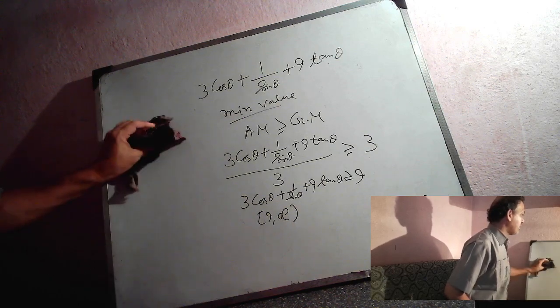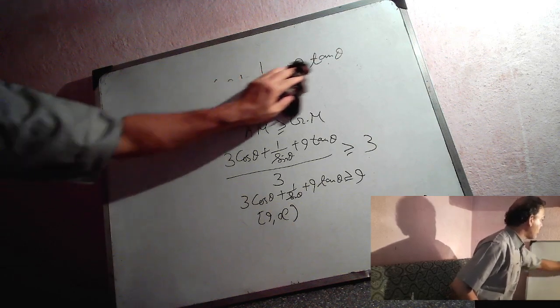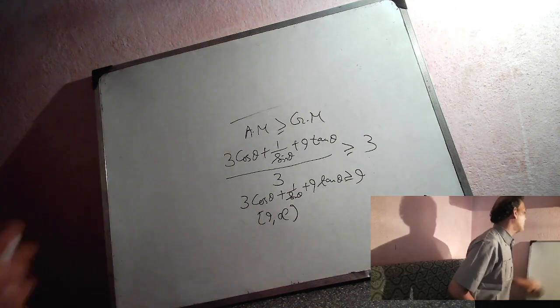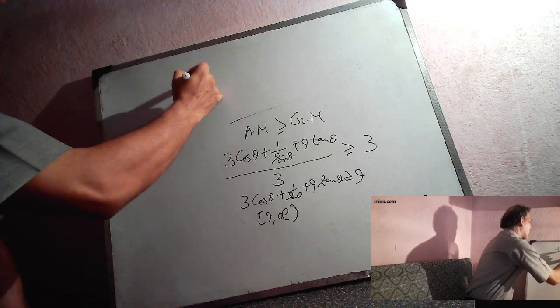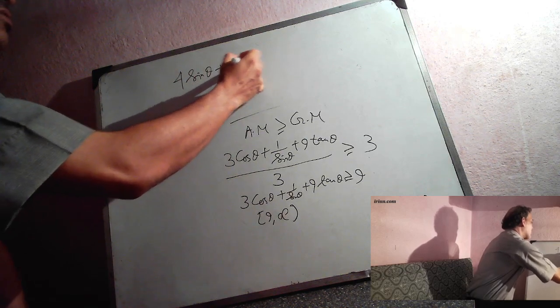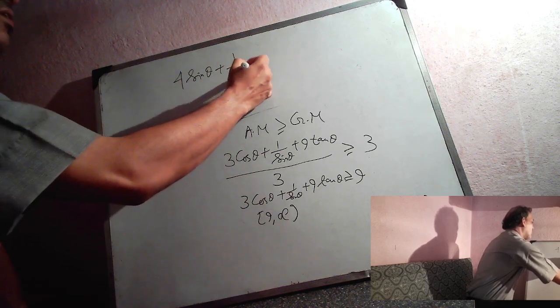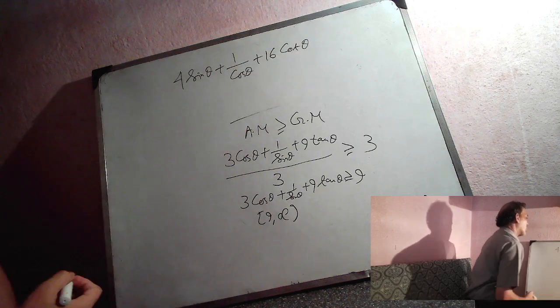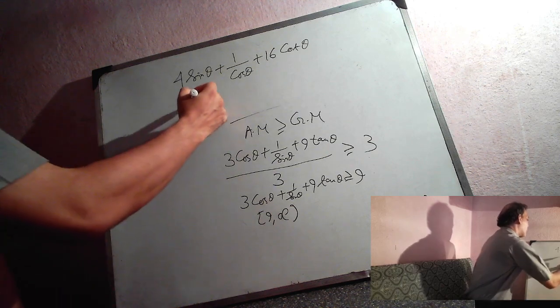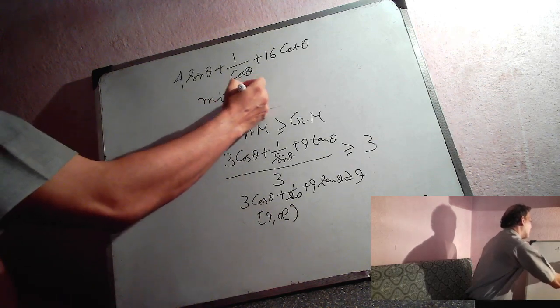Let us try another problem of this type. Suppose we are given 4 sin theta plus 1 by cos theta plus 16 cot theta. Find its minimum value.